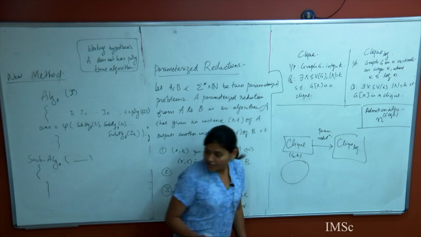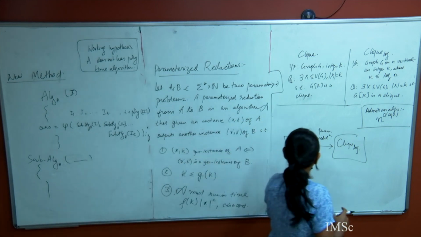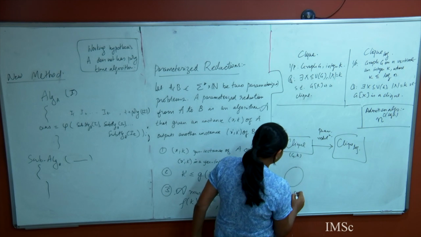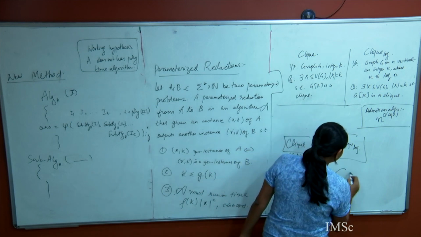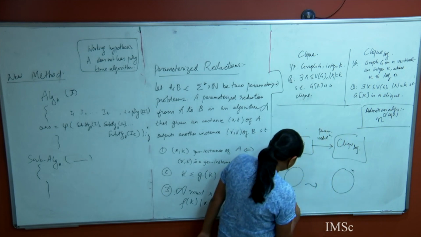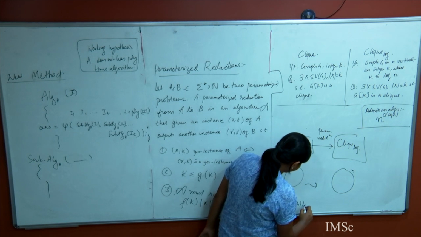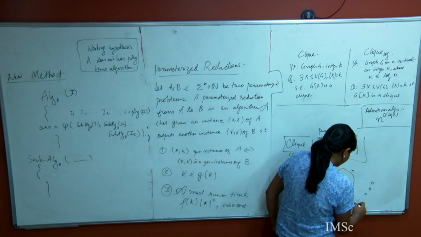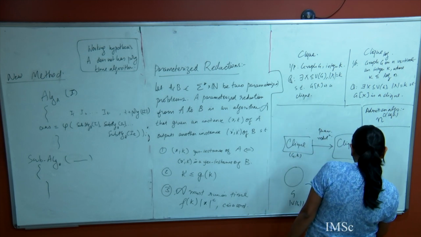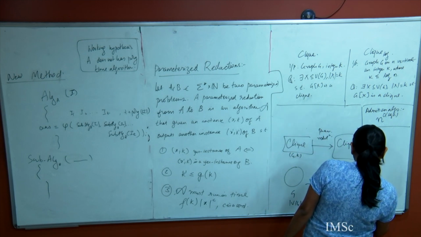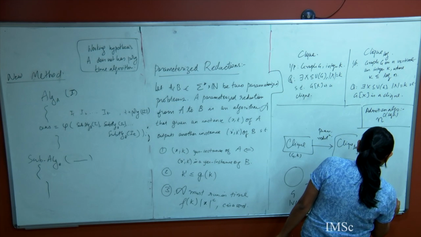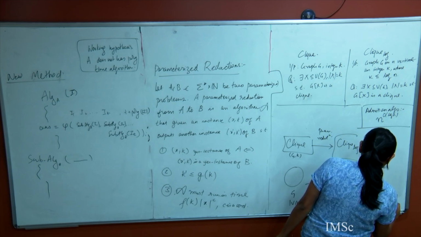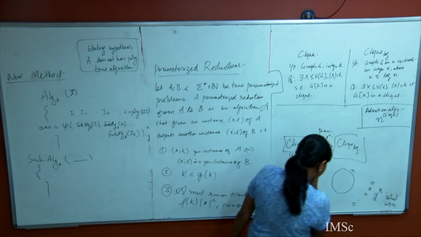Suppose this is our graph G. What we do is, we keep this graph G. It is on n vertices, say cardinality of V(G) is n. What we do is, we add 2 to the k isolated vertices. Just give me a minute, okay?